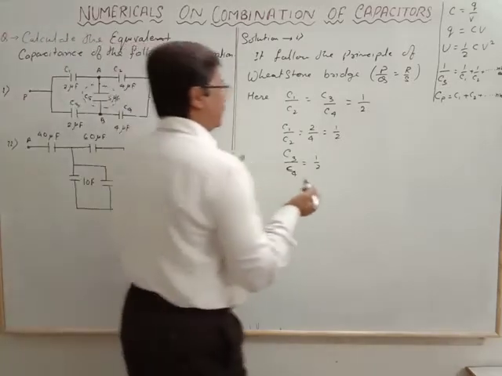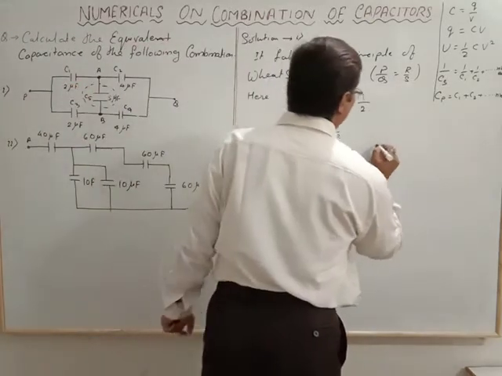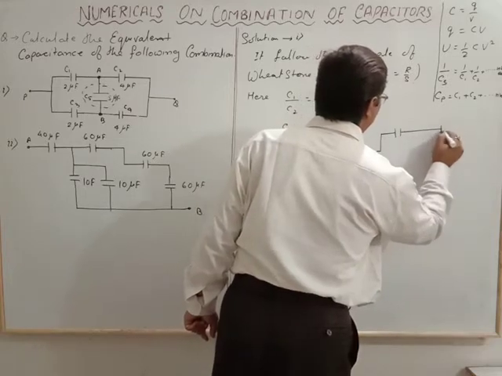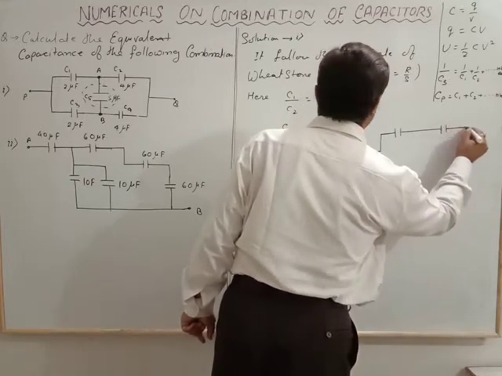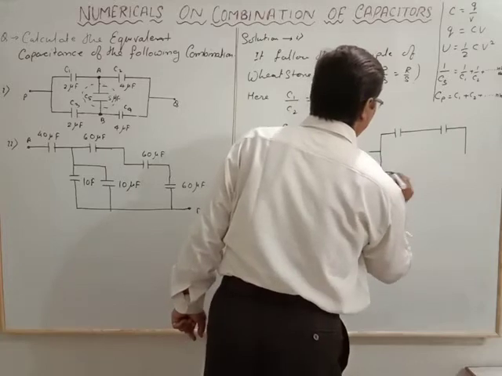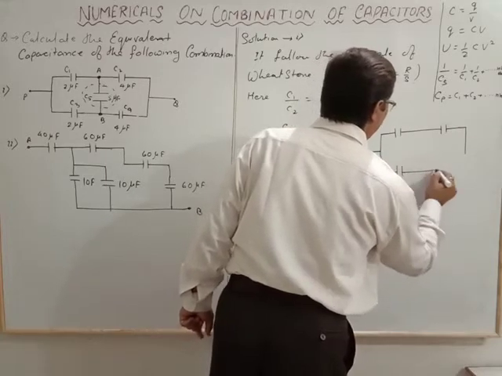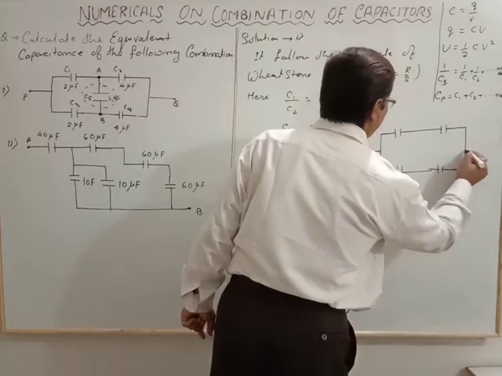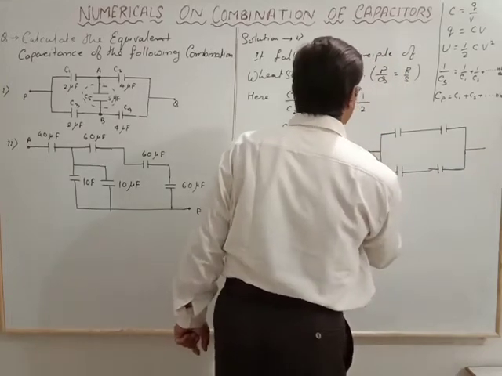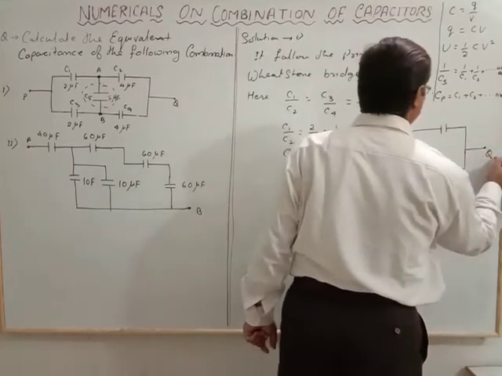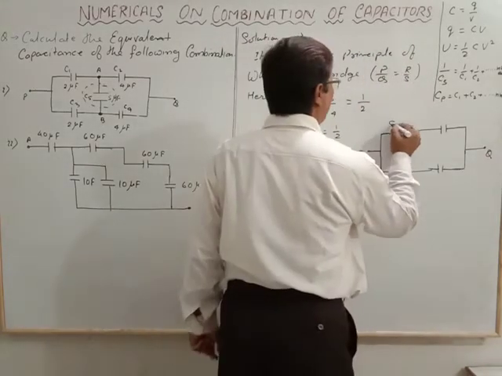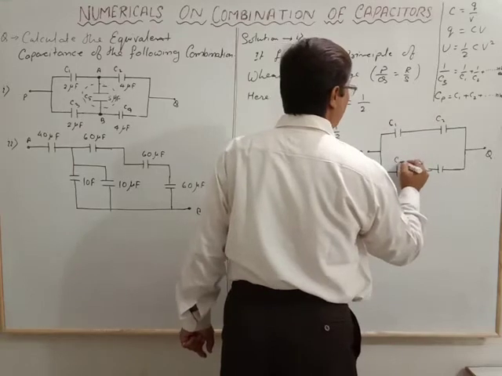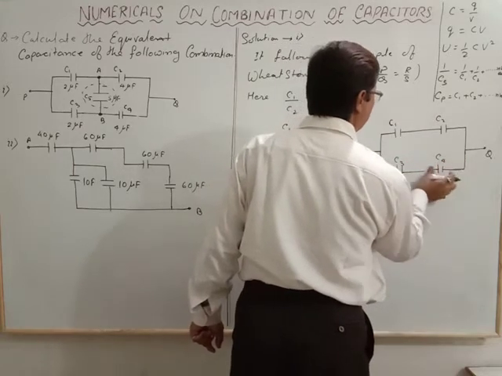Now the arrangement becomes: capacitor C1, then capacitor C2, and here C3 and C4. This is the P point and this is the Q point.